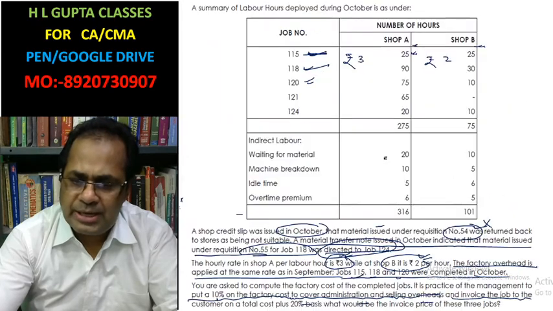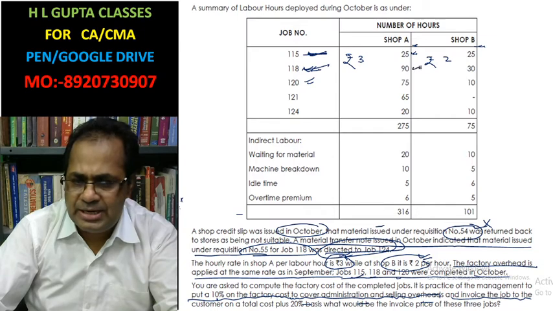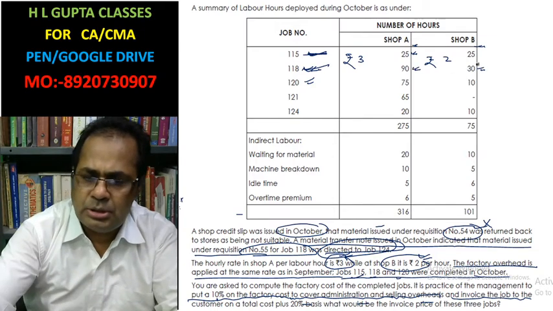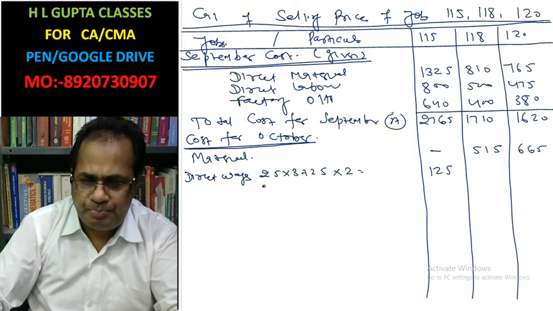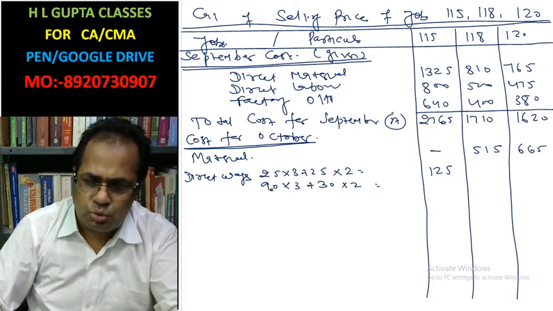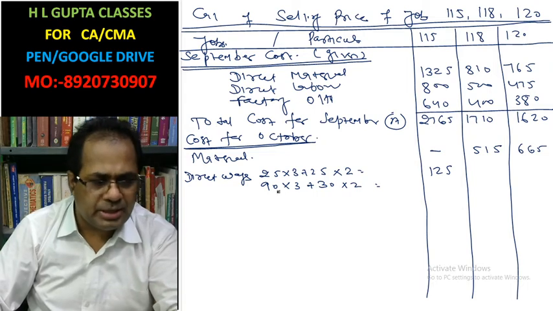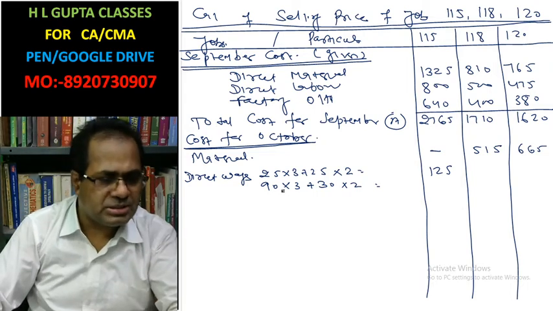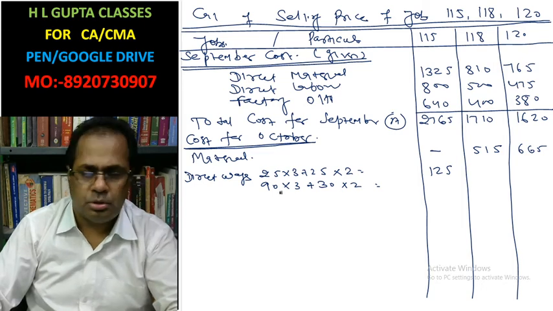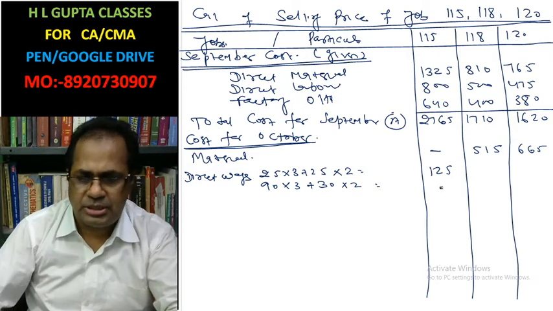Similarly in the case of job 118, this is 90 hours plus 30 hours, so 90 into 3 plus 30 into 2, so this is 270 plus 60, 330.